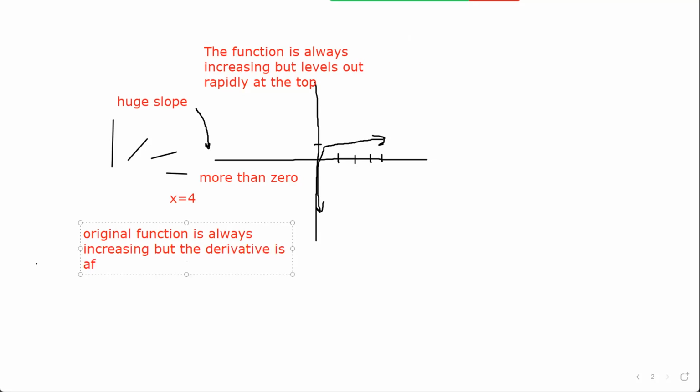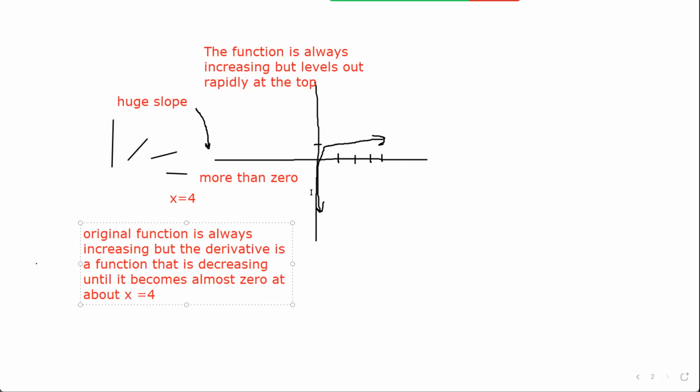is a function that is decreasing until it becomes almost zero at about x equals 4, right? The other thing to keep in mind is it's not defined for negative values of x.